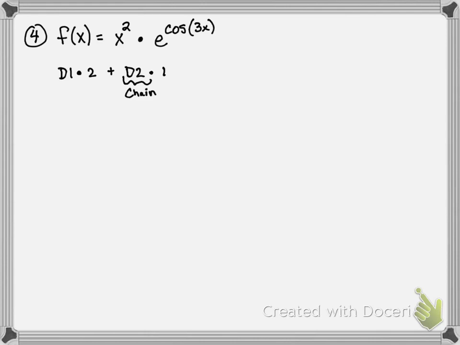It's really 3 different things. You got e to the something, you got cosine of something, and you have 3x. So that's 3 different functions there. So that one's going to have some chains linked together. That's why you call it the chain rule.